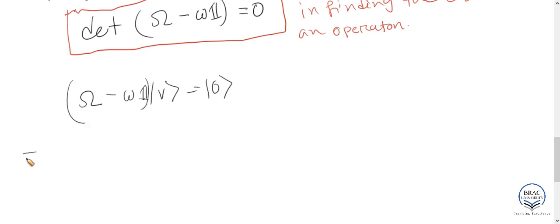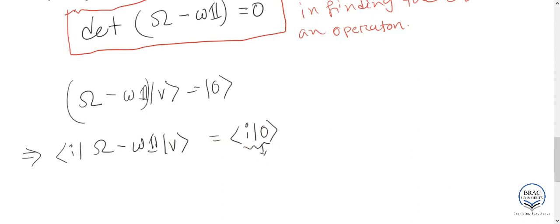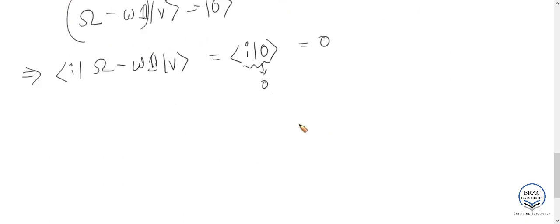We're going to dot both sides with some basis vector I, because we want to project it. And remember, projection is equivalent to taking inner products. So let's take some projection in the I basis. And this is just 0, the number 0, not the vector 0. So the whole idea of dotting with I, that is taking a projection, is to convert it into a number, something we can solve easily.